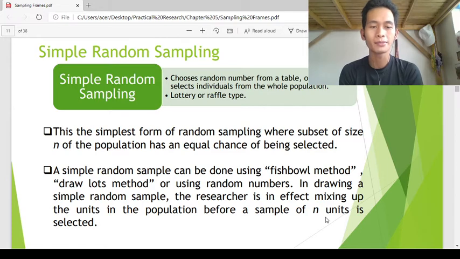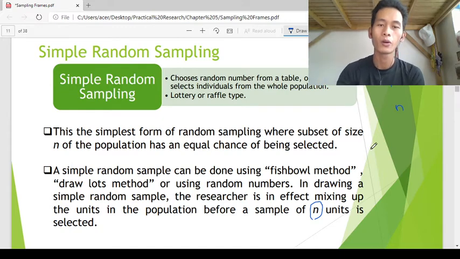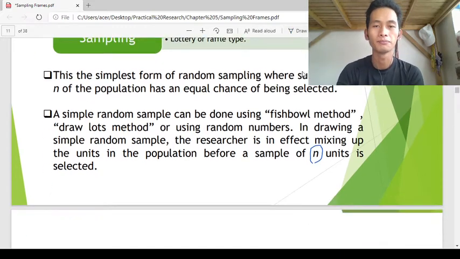In drawing a simple random sample, the researcher is in effect mixing up the units in the population before a sample of n units is selected. The small n represents the sample. Small n is the sample and big N is the population. Now you derive your small n or the sample out of your population through lottery or raffle type.